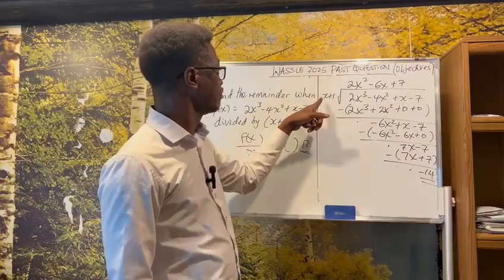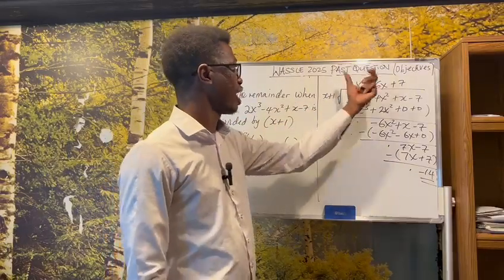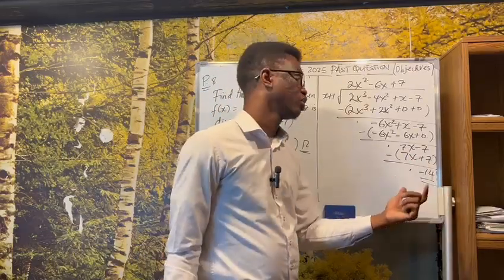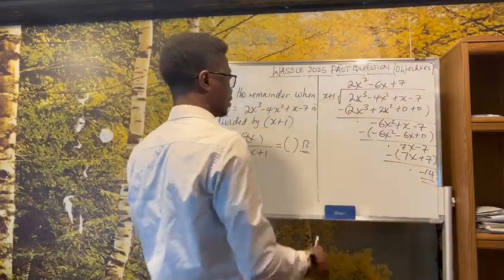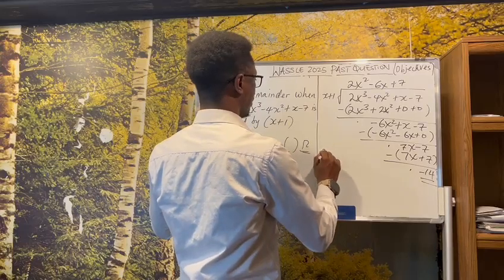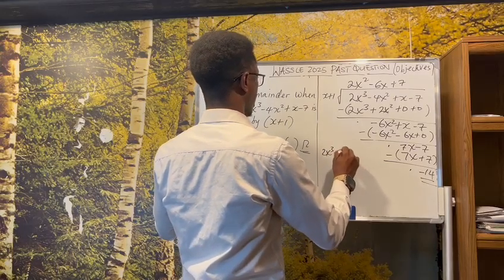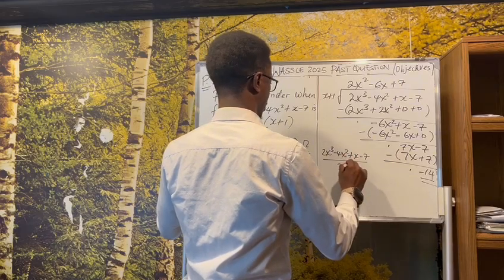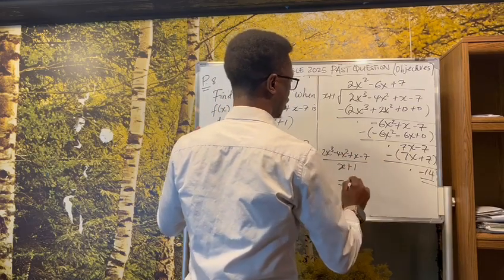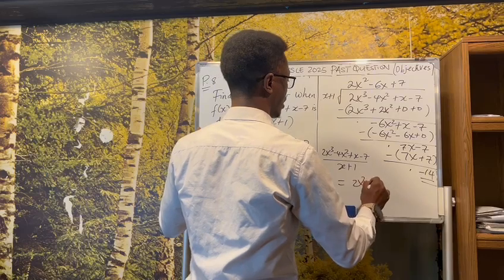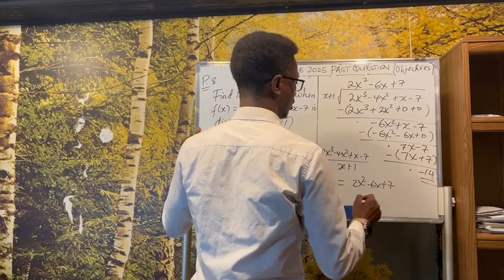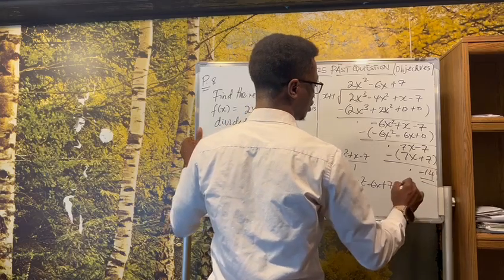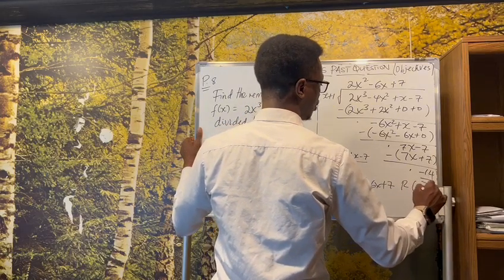Now you see, when you divide this by this, you have this as the answer, and your remainder is minus 14. So how do you write this one? When you have 2x cubed minus 4x squared plus x minus 7 and you divide it by x plus 1, your answer becomes 2x squared minus 6x plus 7, then you have your remainder, which is minus 14.